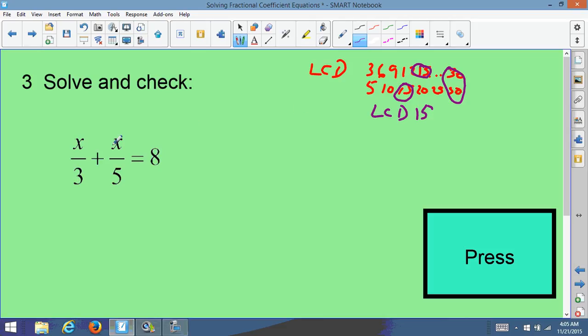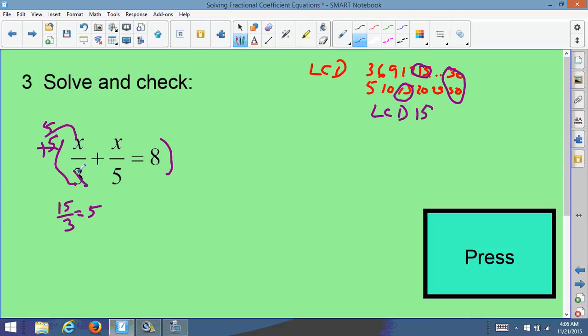So my L.C.D. is going to be multiplied by this whole thing. I'm going to take this whole thing and multiply everything by 15. So 15 times this, the 3 will cancel down to 5.